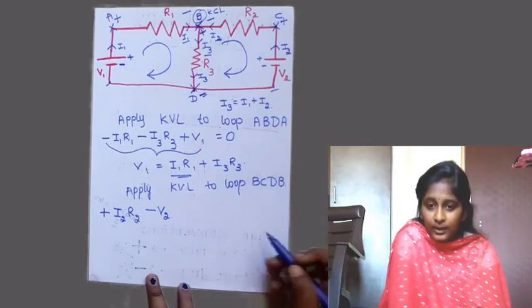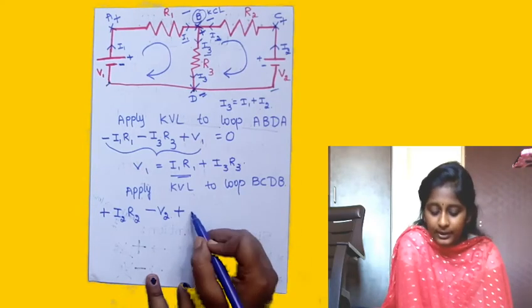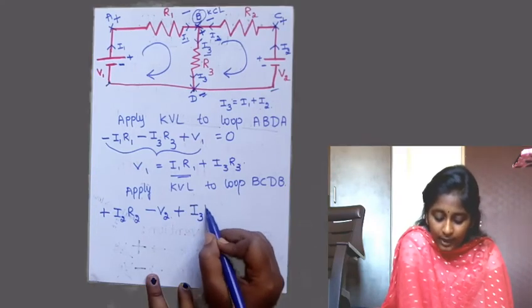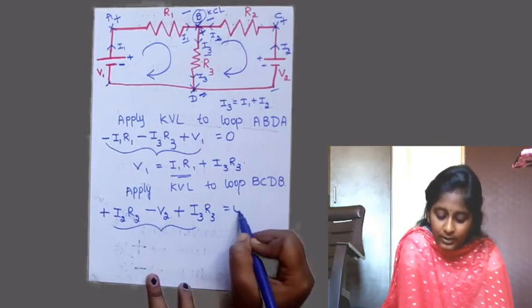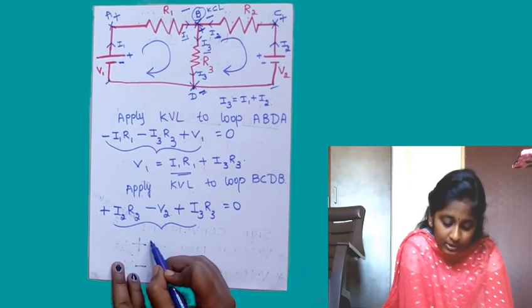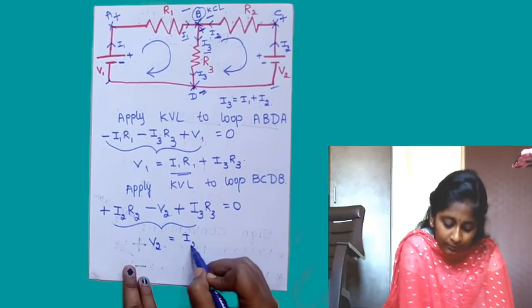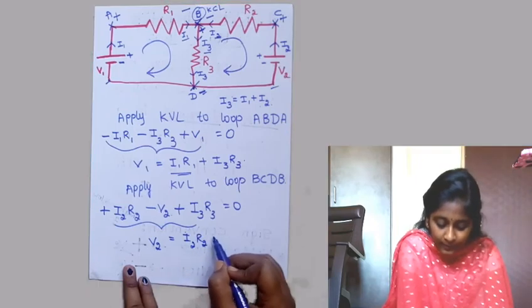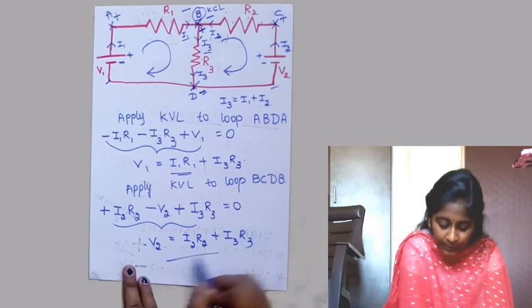Voltage rise is to be taken as positive, and the voltage drop across R3 is I3 into R3, and the summation should be equal to 0. After rearranging these terms, V2 will be equal to I2 into R2 plus I3 into R3. This is what KVL is.